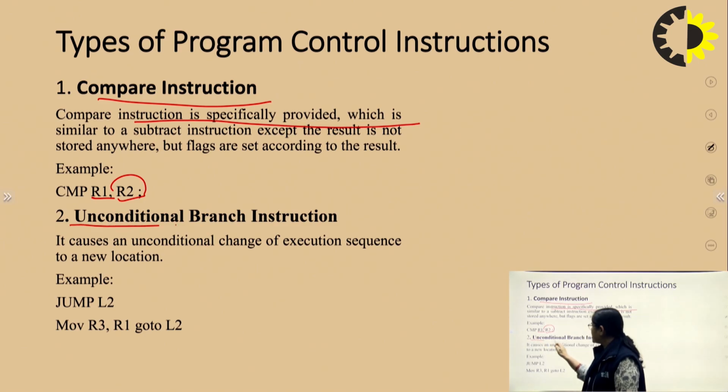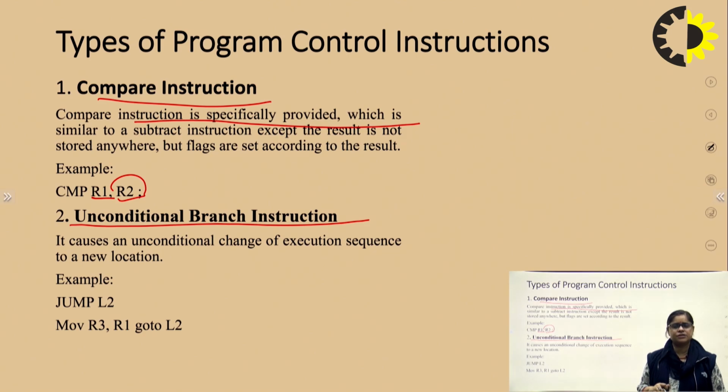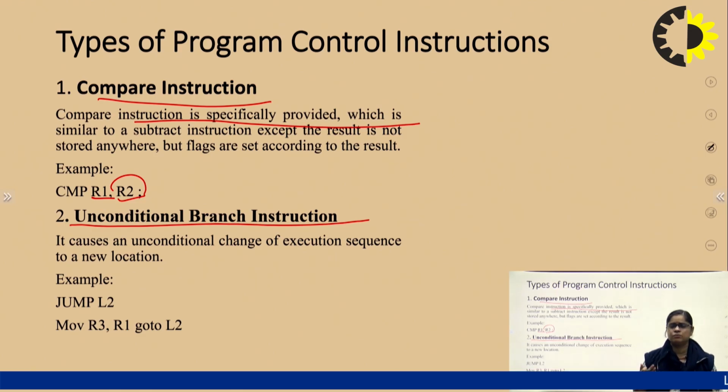Now, second, when we are talking about the types of program control instructions, the second point is your unconditional branch instructions. In the previous slide it was written that when we have to jump, or we have to move, or we have to perform a certain task, or when we are calling subroutines.